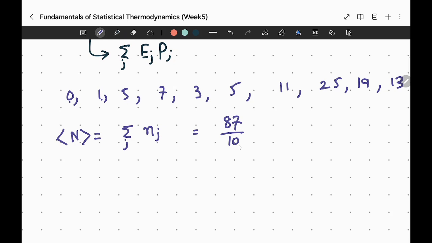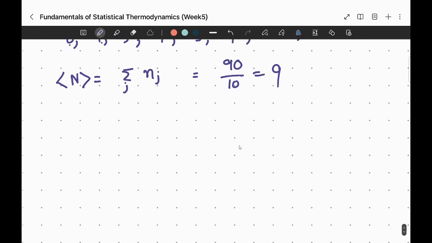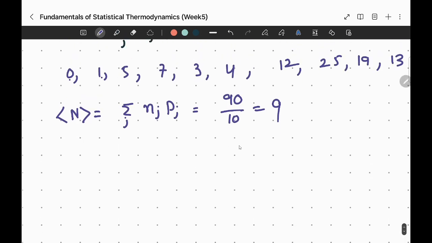Let it be 90 by 10 now. So it is 9. This is the average value. Is it clear? How we have calculated this average?